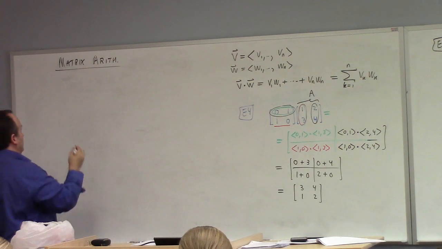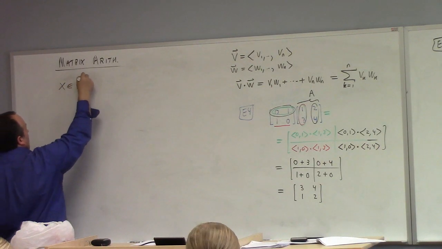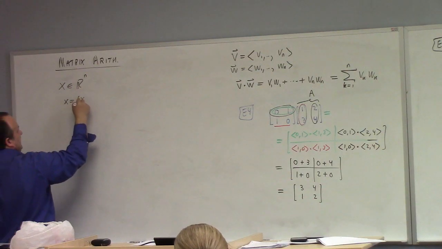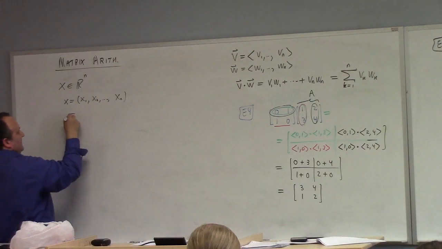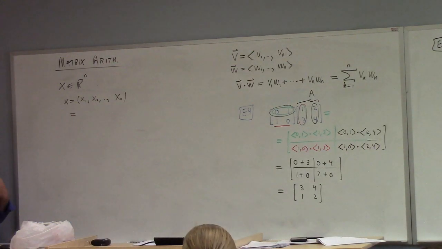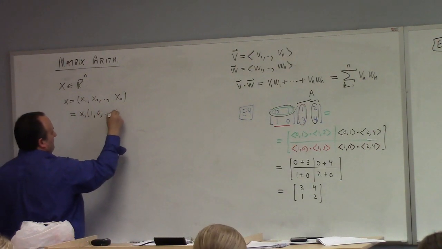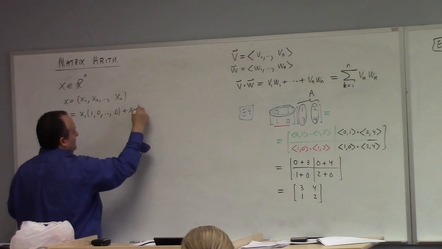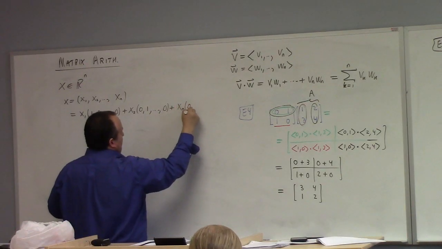One of the things we can do is, if x is in Rn, I can write x as (x1, x2, ..., xn). If you follow the definition of matrix multiplication and matrix addition, and let those definitions apply to vectors just the same, then we can pull x1 out and write it times this, pull x2 out and write that, and pull xn out and write this.